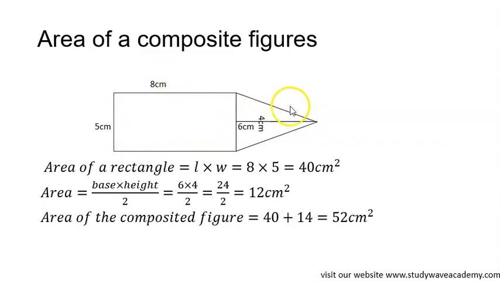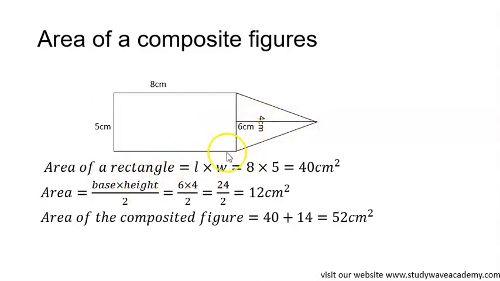Okay, now we are going to find the area of the triangle. Remember, to find the area of a triangle, it's base times height over 2, right? Here the base is 6 centimeters and the height here is 4 centimeters.